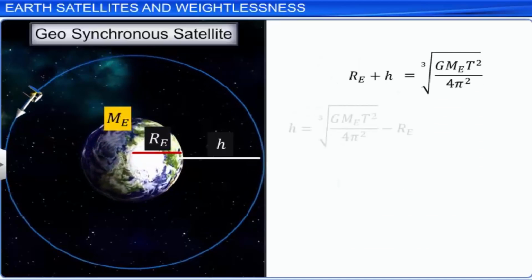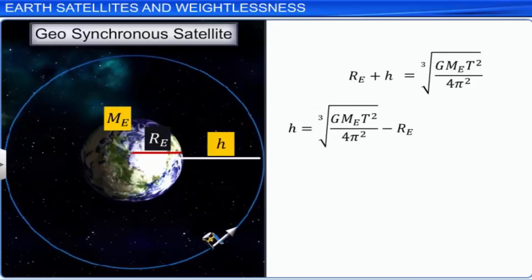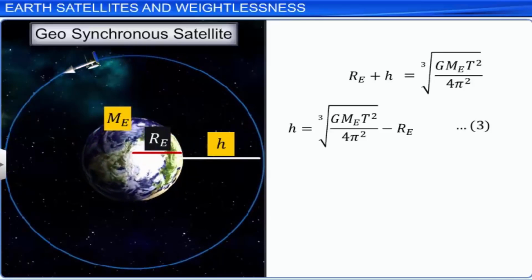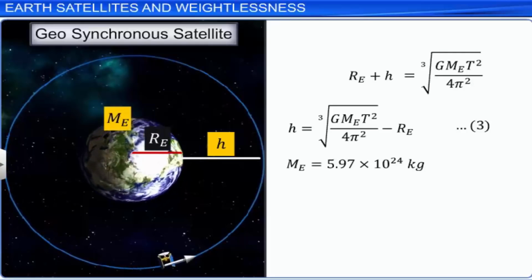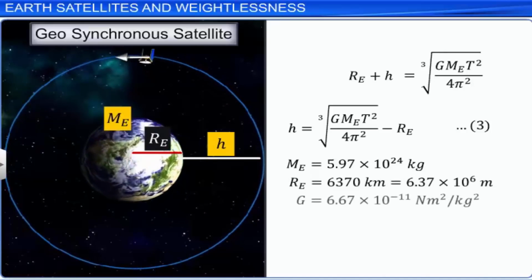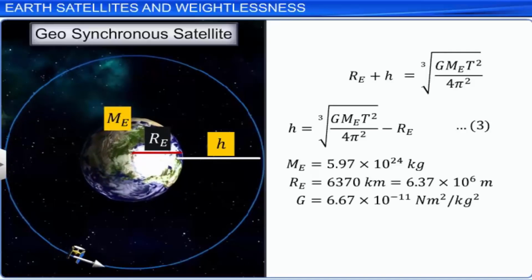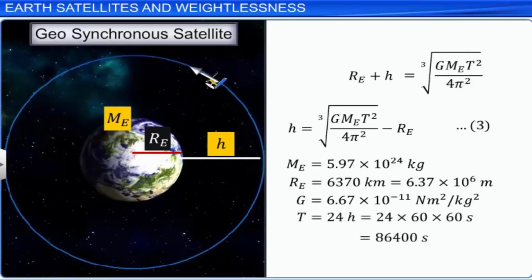Knowing the data for the mass of the Earth, its radius and the universal gravitational constant, you can estimate the height of the satellite for which the period of revolution is 24 hours. This is done by substituting the corresponding values in equation 3 and simplifying as shown.